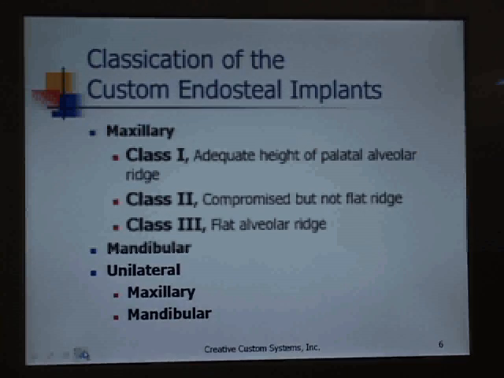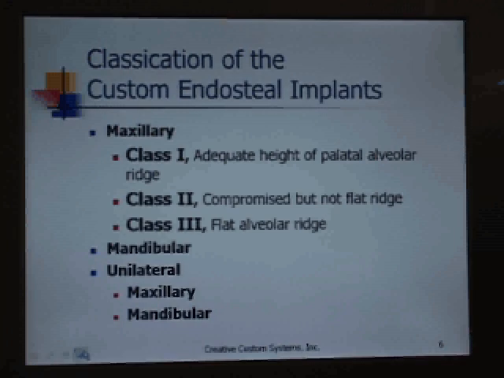The more compromised but not flat ridge, class 2, has less height and less support, and the design of that subperiosteal implant needs to be distributed over more of the palate. The class 3 flat alveolar ridge, or the end-of-the-line maxilla: these patients are actually dental cripples and dentures don't stay in.